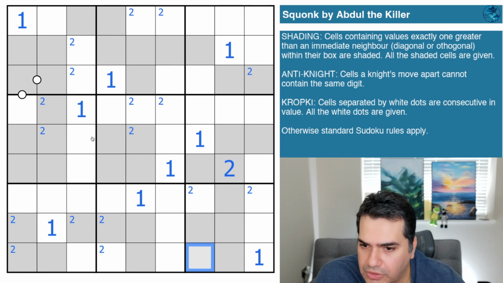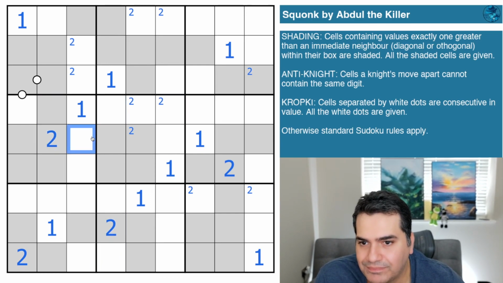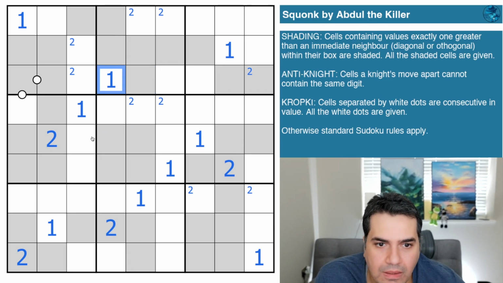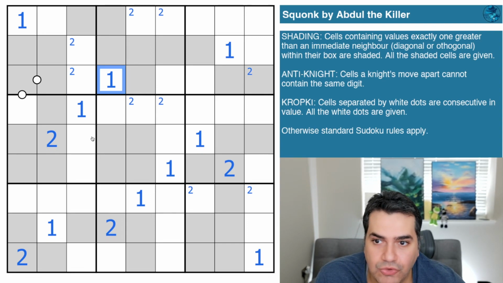Let's quickly tidy this up. This is a bit embarrassing now. Cells separated by a white dot are consecutive in value. White dots don't have the same restriction about being across boxes.